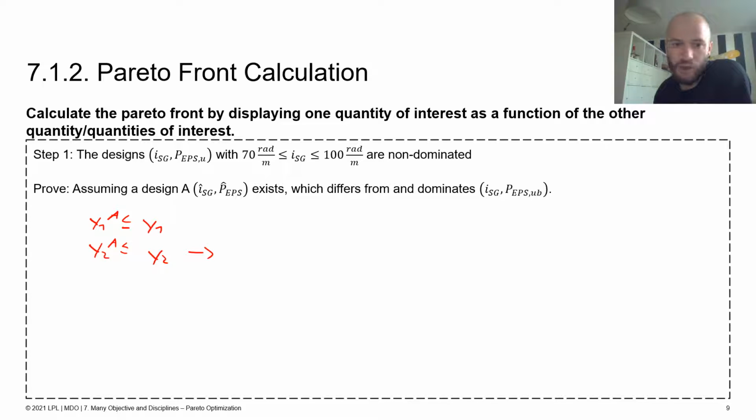And when we are looking at Y2, we can conclude right away that if this is indeed true, we know from the formula, because remember, this is the formula for the second quantity of interest, that this must also hold.